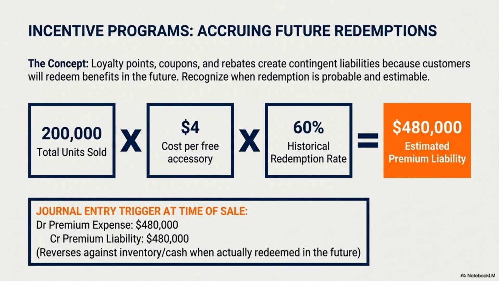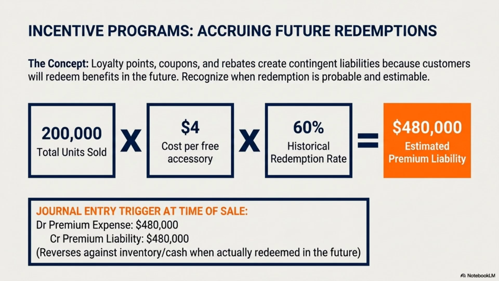Sales incentive programs, loyalty points, coupons, rebates, free gifts with purchase, create contingent liabilities, and the matching principle tells you when to recognize them. The obligation arises when the product is sold and the coupon or loyalty credit is issued. You cannot wait until customers actually redeem. The formula here is clean.